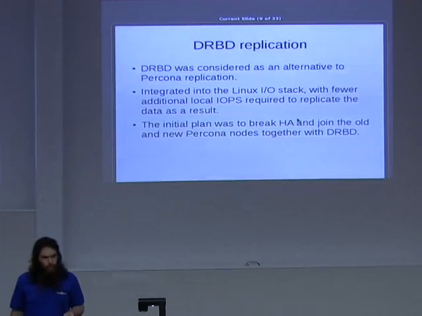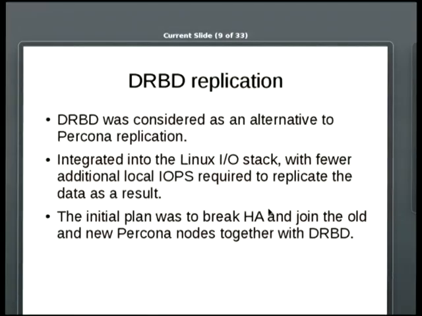So we thought, we're using DRBD already for data replication within the cluster. Can we leverage DRBD to transport the data from one cluster to another? DRBD is integrated into the Linux I/O stack, so unlike with Percona replication where the writes need to be logged separately for replication, DRBD gets the write, writes it to disk, and also writes it across a network.